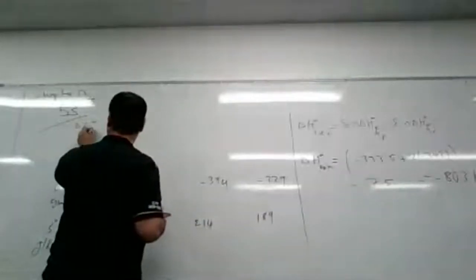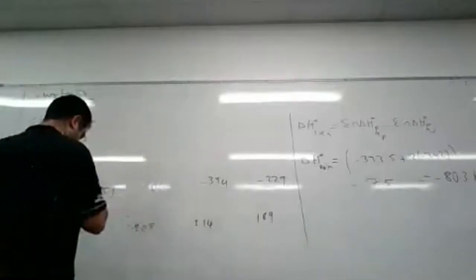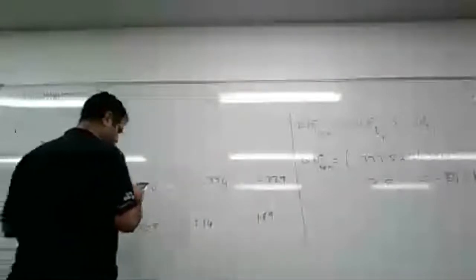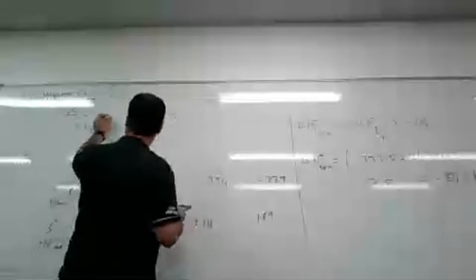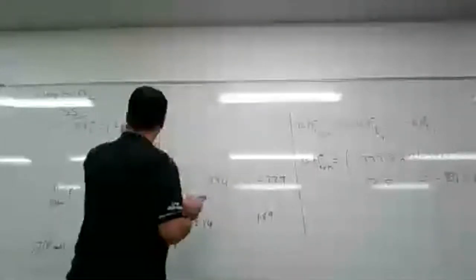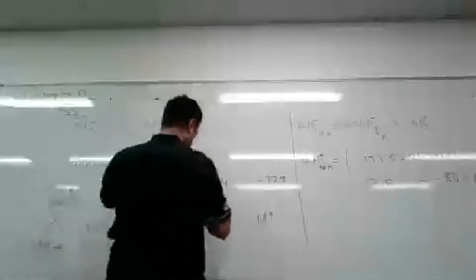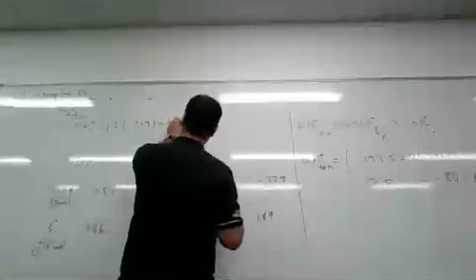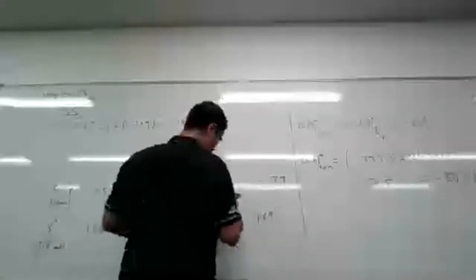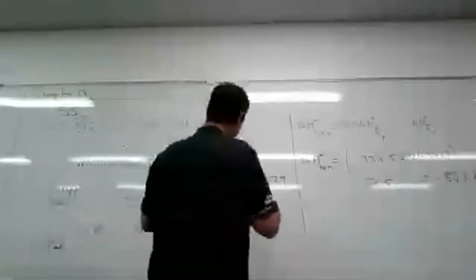Delta G for the reaction is equal to products minus reactants: 2 times minus 229 plus minus 394, minus for the reactants minus 51.